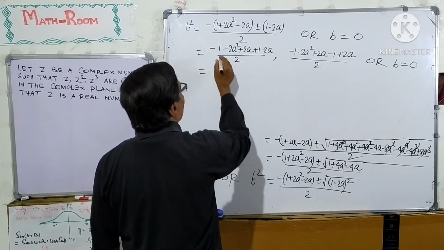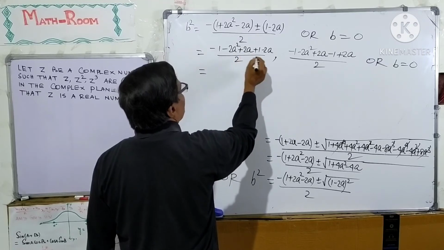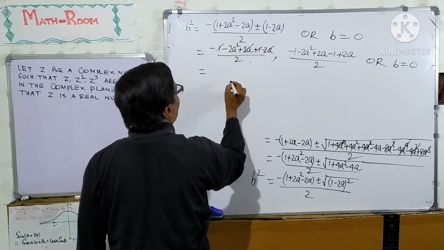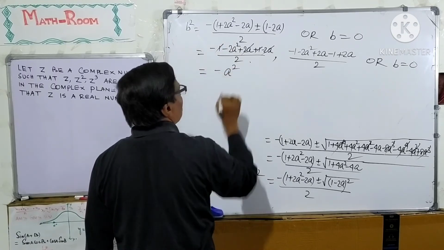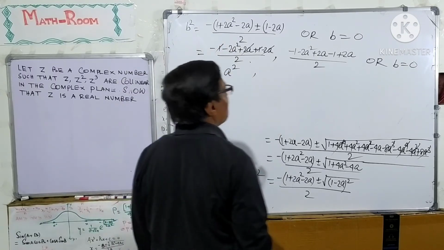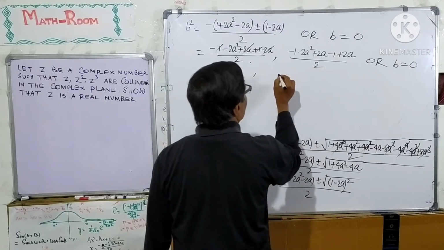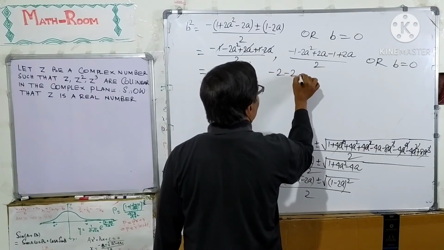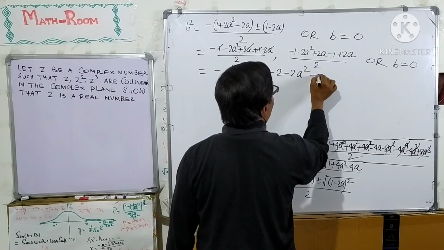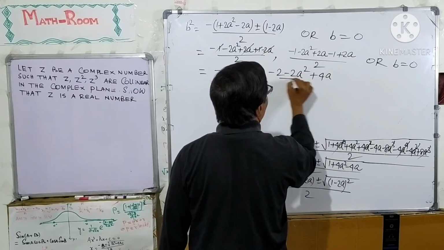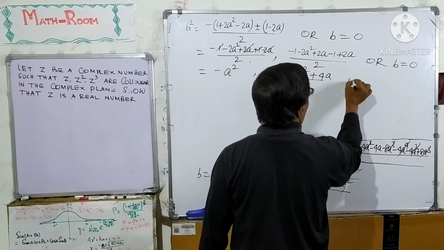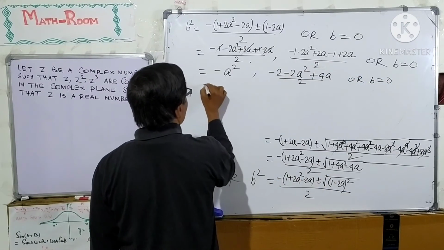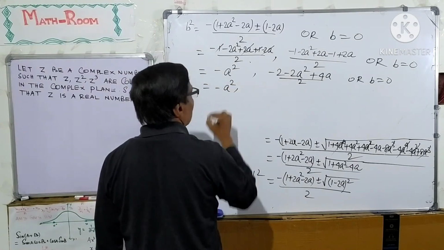Now, this is minus a square and this is minus 2a square plus 4a over 2 or b equal to 0. This is equal to minus a square.